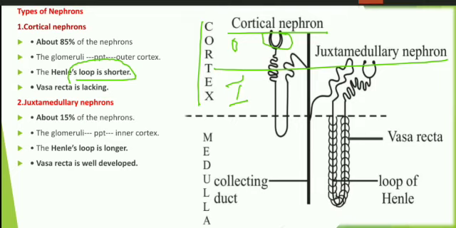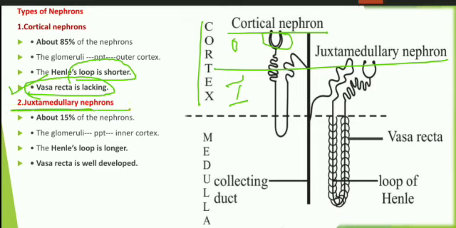In cortical nephrons it is very short, that's why they produce dilute urine. Another significant characteristic is that cortical nephrons do not have vasa recta. This is the most significant characteristic of cortical nephrons.